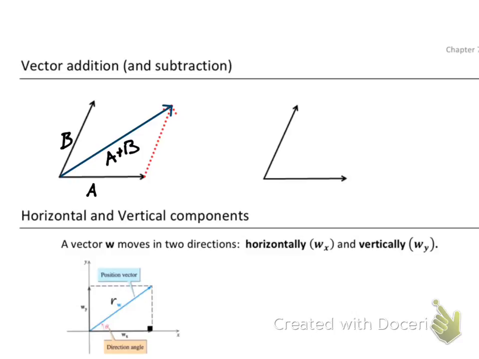Although my next one's going to come up with the exact same answer, notationally they are different. This time I want to know what B plus A is going to be. If I'm doing B plus A, it's going to be the same, right? Because it's 2 plus 3 or 3 plus 2. It's going to be the exact same. However, I'm going to run up B, and I'm going to add A to it. So visually it looks different, but at the end of the day we're going to come up with the same solution.